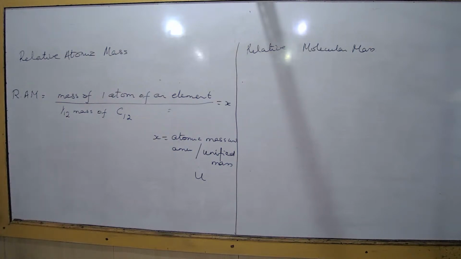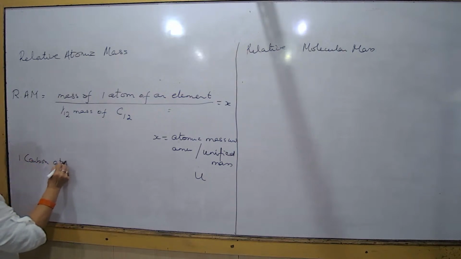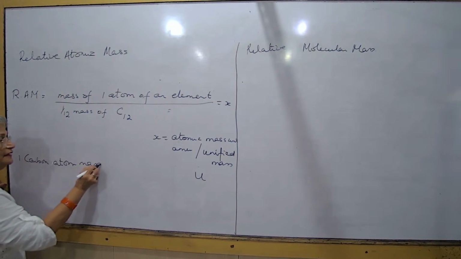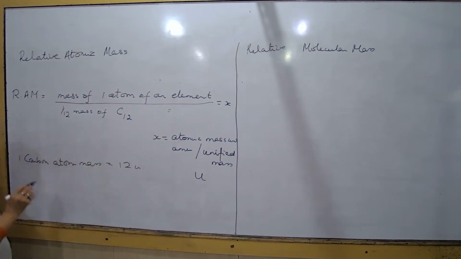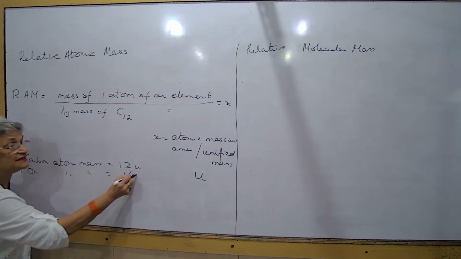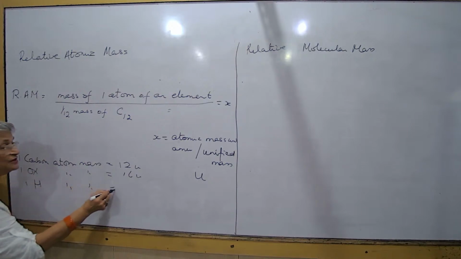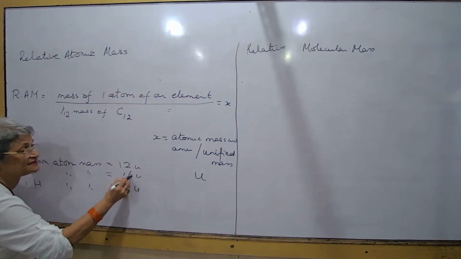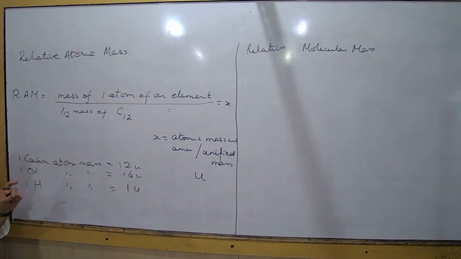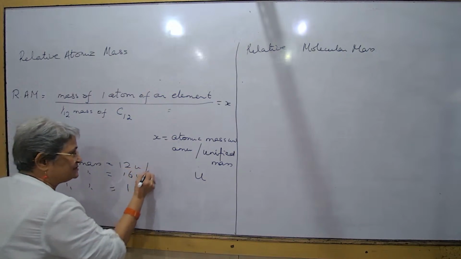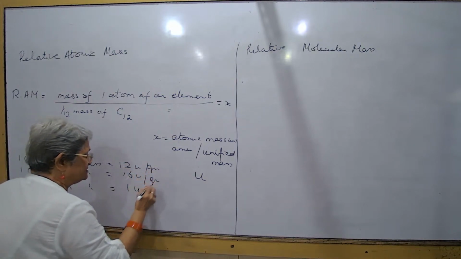Therefore, I would say one carbon atom's mass is equal to 12 U. One oxygen atomic mass is equal to 16 U. One hydrogen atomic mass unit is 1 U. If I say give it to me in grams, then you just write down 12 grams, 16 grams, 1 gram.